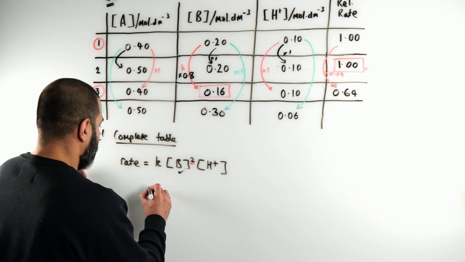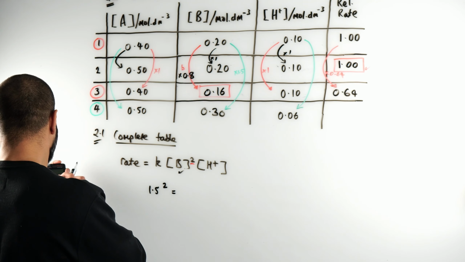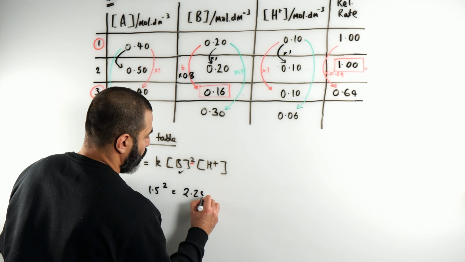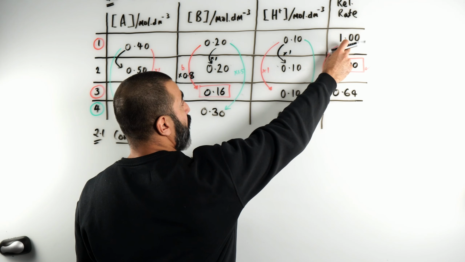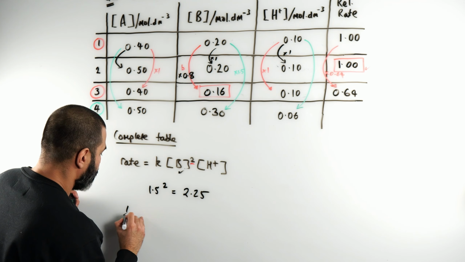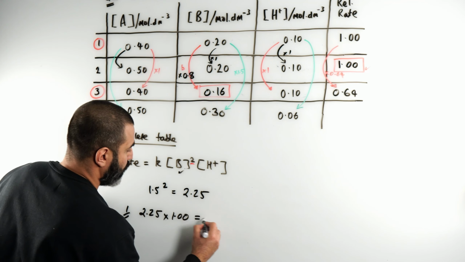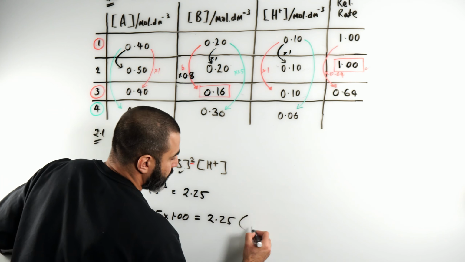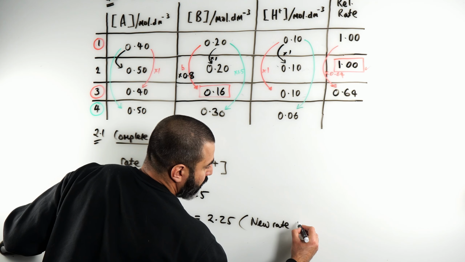So 1.5 squared is equal to 2.25. So I need to multiply that 2.25 by 1 in run 1. So step number 1, 2.25 times 1.00 equals 2.25. So that's our new rate for changing B.